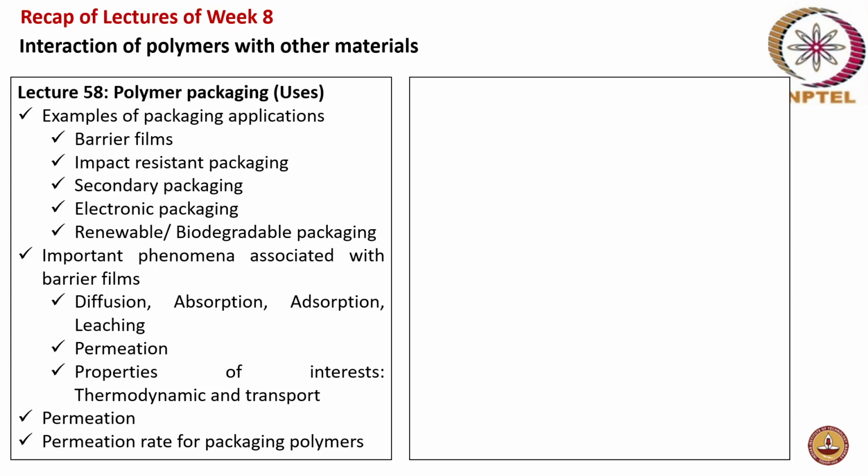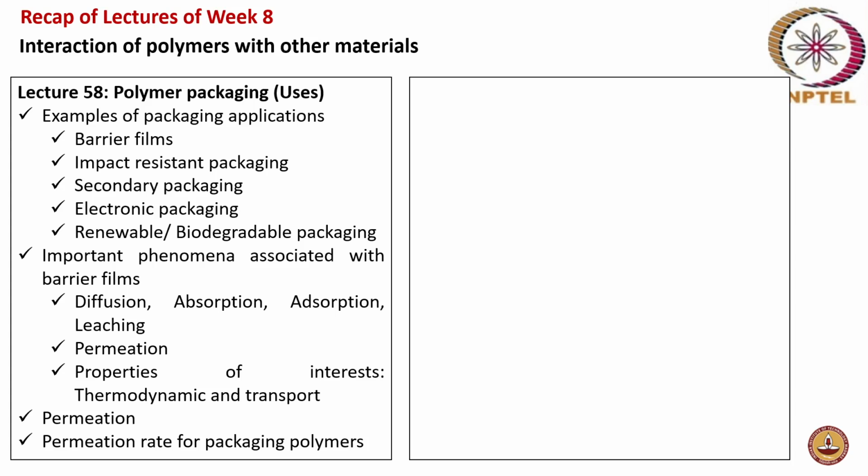There can be polymer usage as secondary packaging as well. Secondary packaging means it need not have any barrier or impact resistant properties, but something like aesthetics, or something you want to print on. You may not be able to print on the actual product, but you can print some information on the packaging, so for printability. And then electronic packaging.